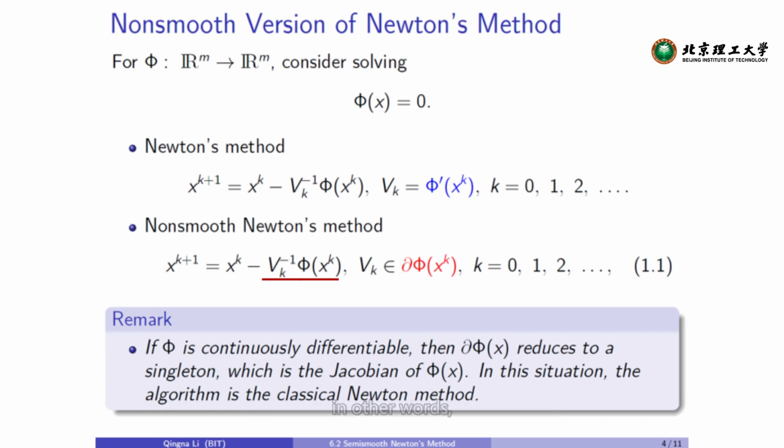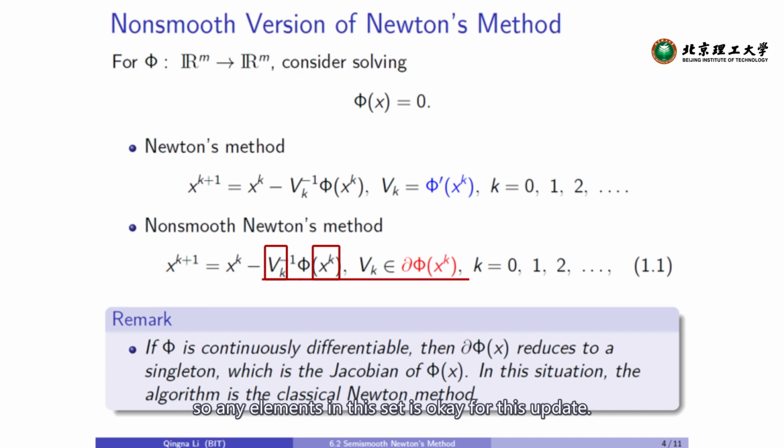In other words, if at this point xk phi is differentiable, then this Vk is a unique matrix, because the generalized Jacobian coincides with the Jacobian, okay? However, if xk is not differentiable, then we need to choose Vk from a set.